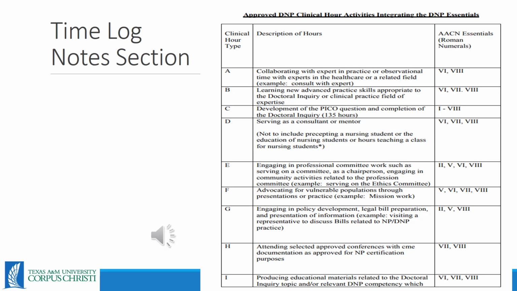So there are all kinds of different activities that will be counted towards your practice activities. You can see that these examples are associated with the essential number, and that's what we want you to do too. We want you to associate your activities with the specific DNP essential.